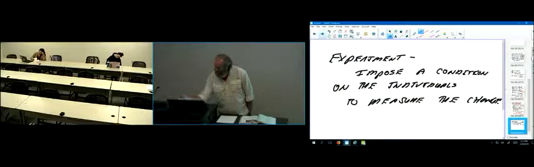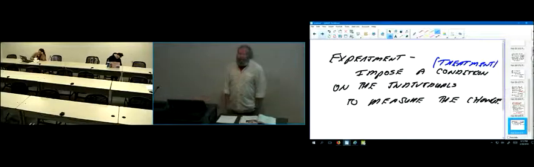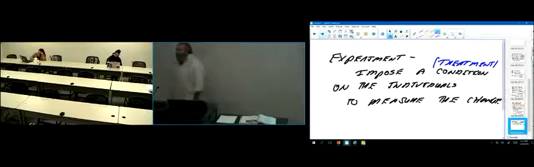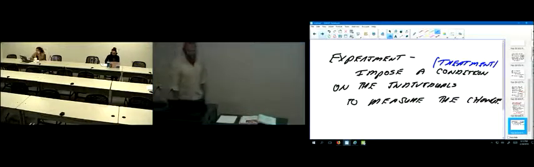When we speak of an experiment, we're talking about some kind of treatment. We impose a condition, we impose a treatment on the individuals to see if we've made any change in them. All right?